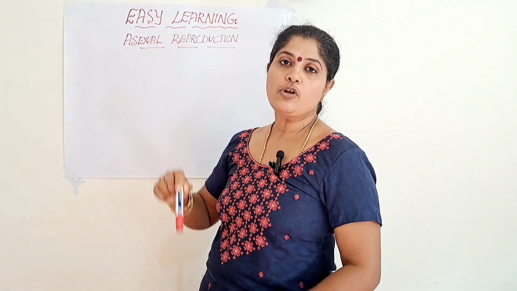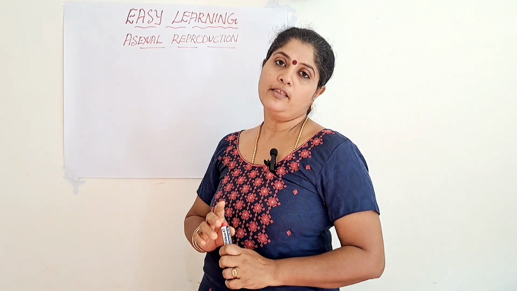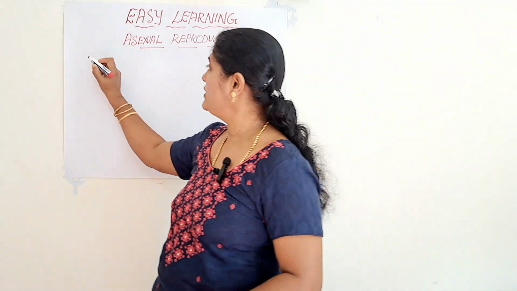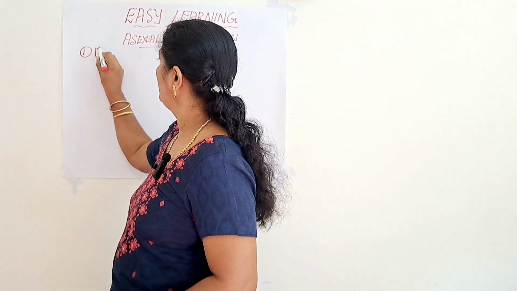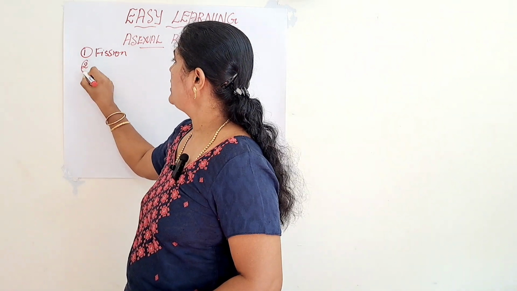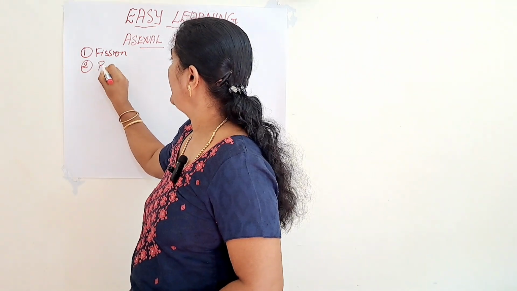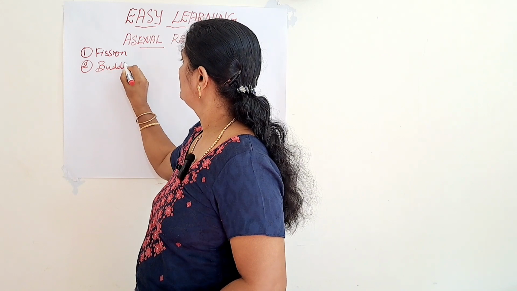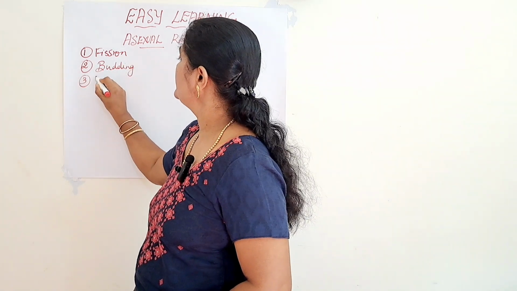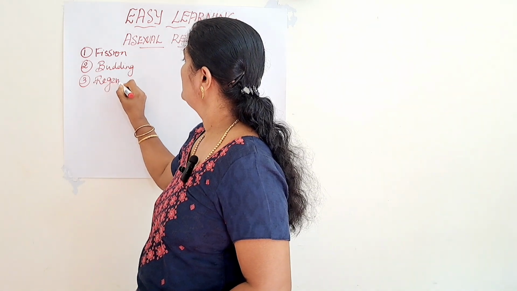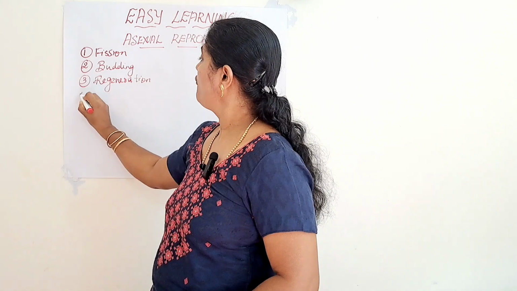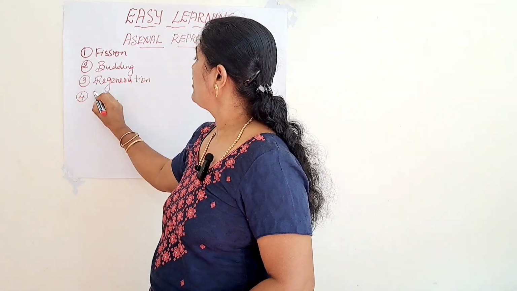Under asexual reproduction, there are 6 methods for you to study. The first one is fission. Second, budding. Third, regeneration. Fourth, fragmentation.